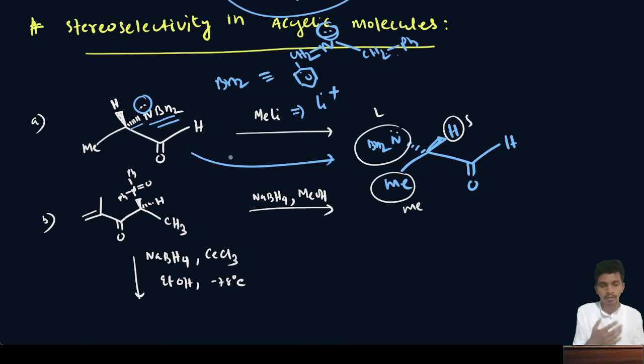Now, this is a Cram's model question. So syn, then the attack is from the medium group side. First we will label the groups as small, large, and medium. Cram's model is interested in the large group, so the large group has to be syn to this carbonyl group.